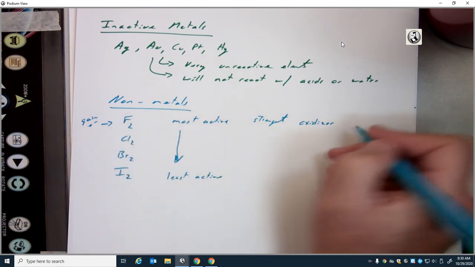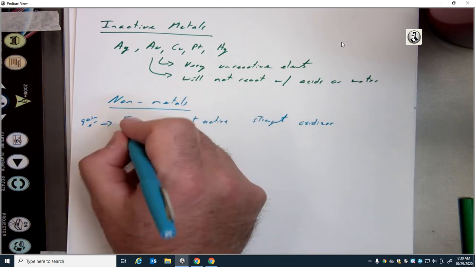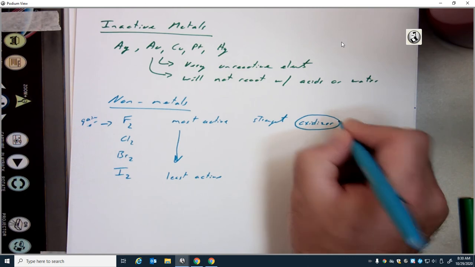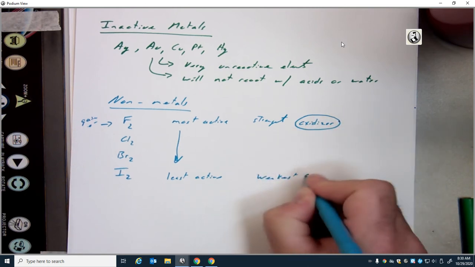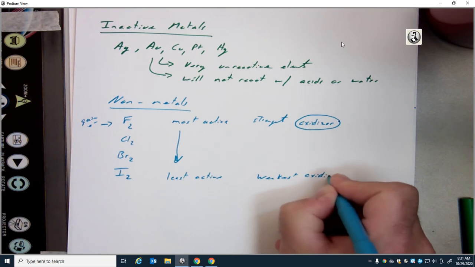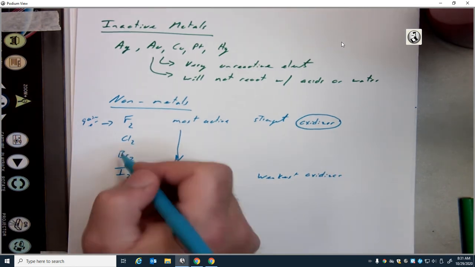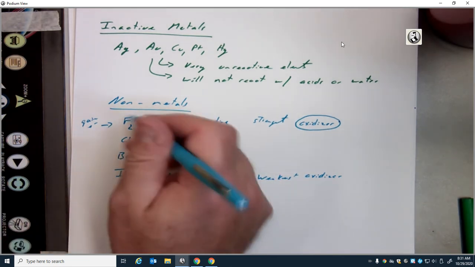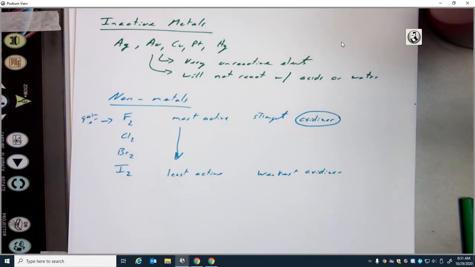And eventually we'll talk about why. All right, so this one's going to go through reduction. So it's a very strong oxidizer. Right down here, this would be the weakest oxidizer. So this just gives you the trend really in group 17. All right, but those are the only ones that you'll really see in redox at all. Most of the time we're talking about the activity of metals.